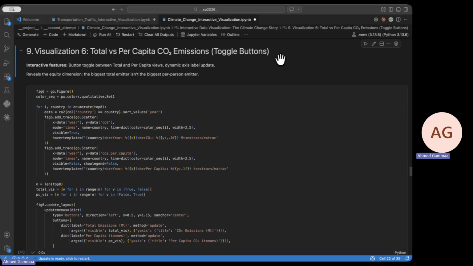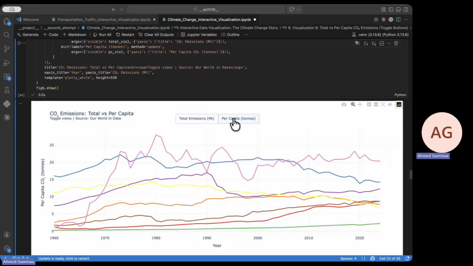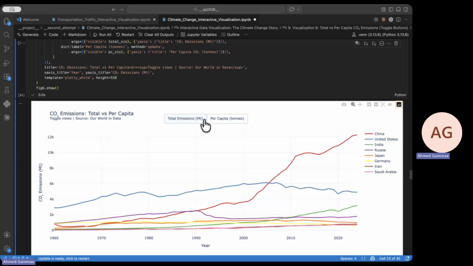This is one of the most interesting in this study. It has a toggle that toggles between two views: the total emissions view and the per capita view, which is how many tons emitted per person in that year.